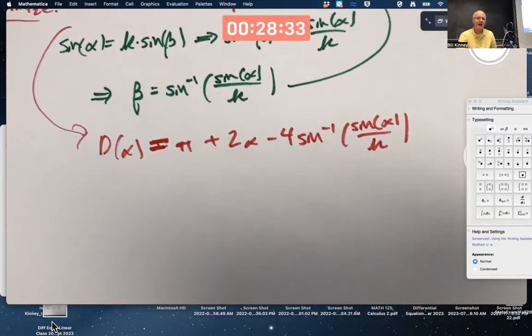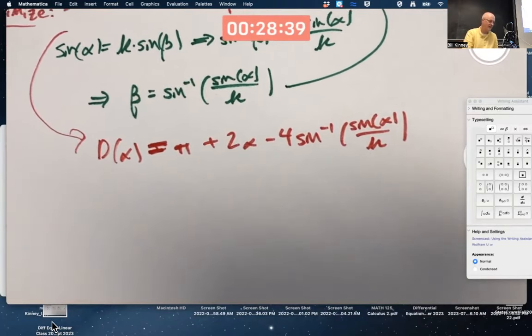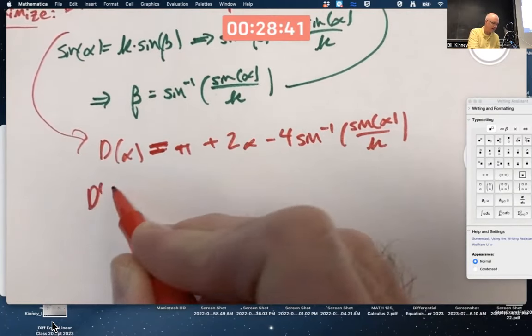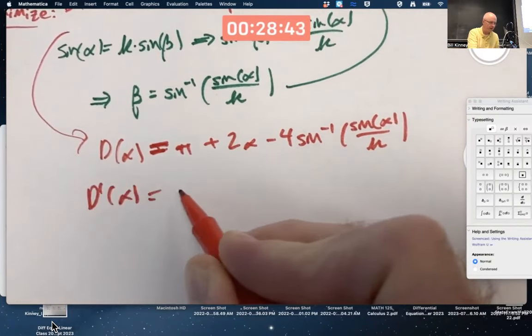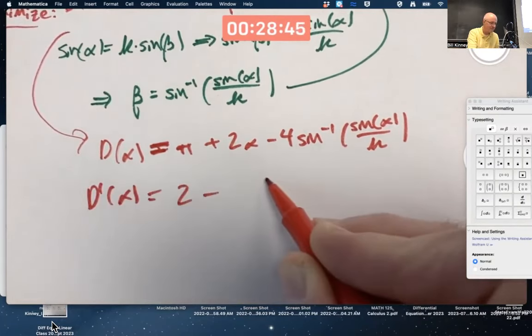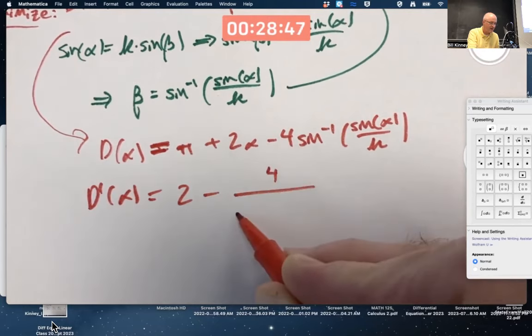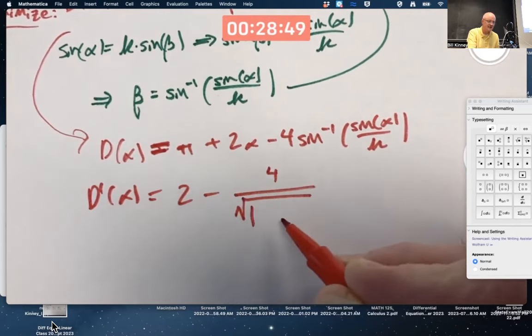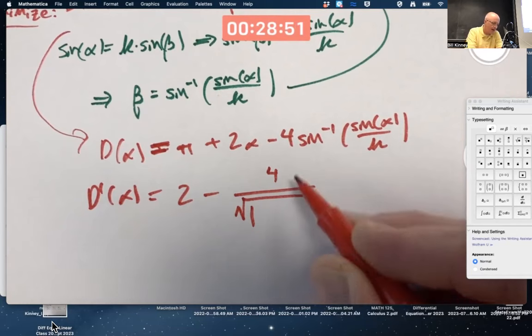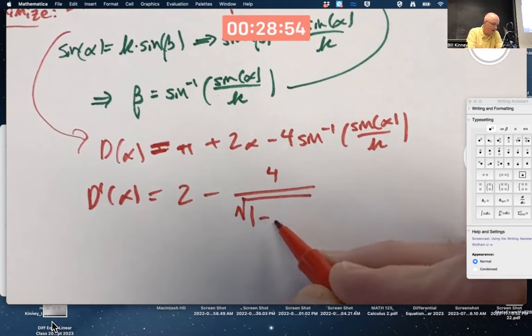Let's finish today with this project by differentiating, setting it equal to 0, and seeing if we can solve for the critical point. I'll try to do that relatively fast. D prime of alpha is 2 minus, oh boy. The derivative of inverse sine is 1 over the square root of 1 minus x squared. I got a 4, that's got to stay there.